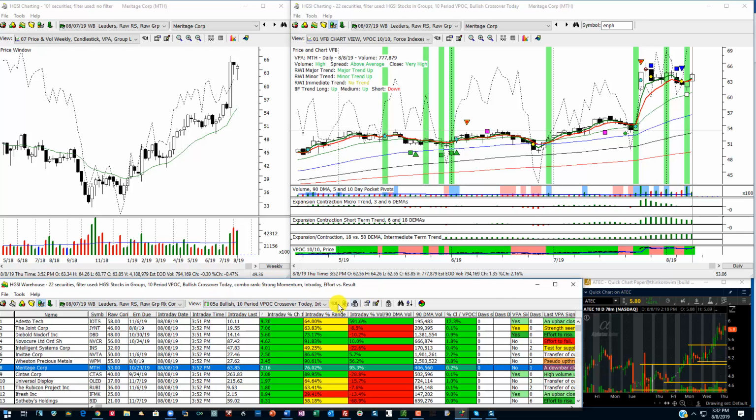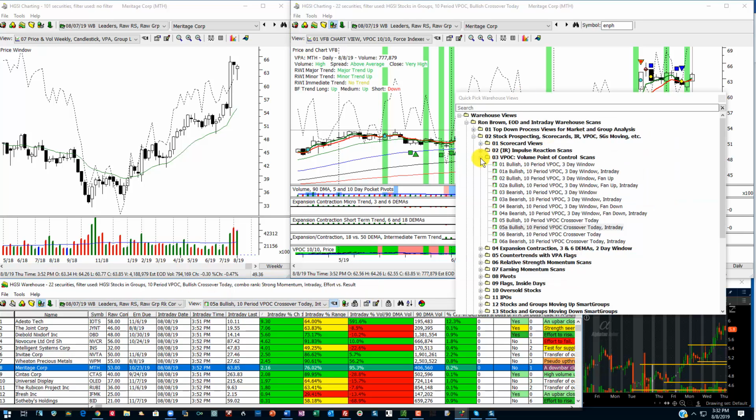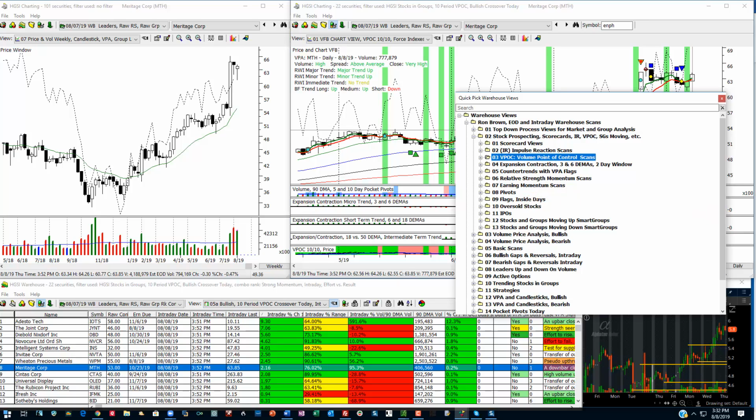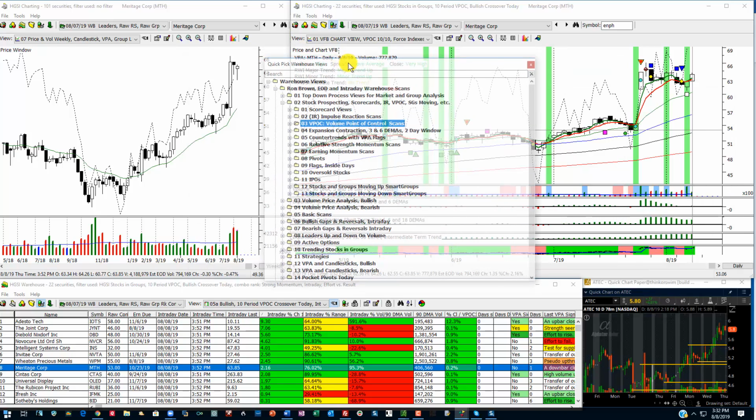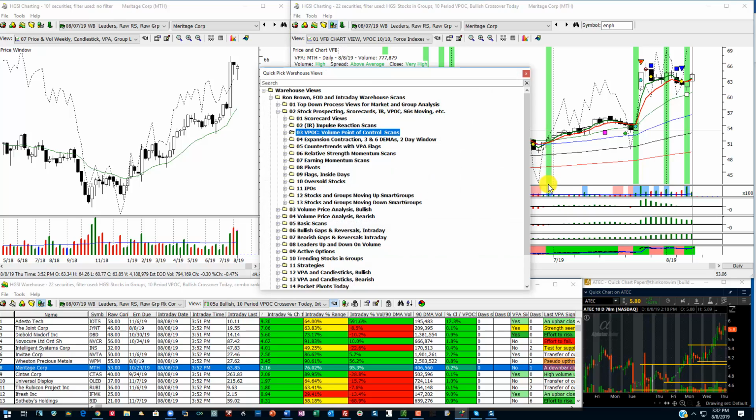Now, I'm going to go a little bit further here. And these are things that we can really talk about in the future and tie the chart analysis into it because I think that is such an important part of it rather than just relying upon signals.